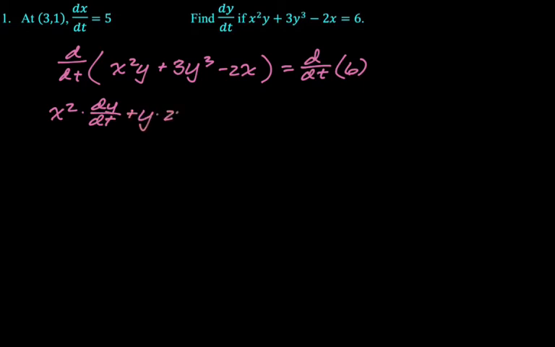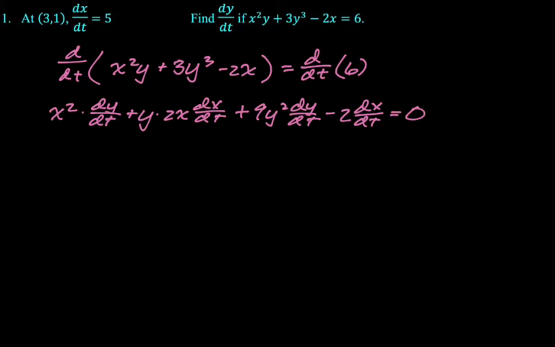Then, second, derivative of the first, but that's a chain rule problem now because the independent variable is t, not x. So the derivative of x squared is 2x dx/dt. The derivative of 3y cubed is 9y squared dy/dt. The derivative of negative 2x is negative 2 dx/dt. And the derivative of 6 is 0.